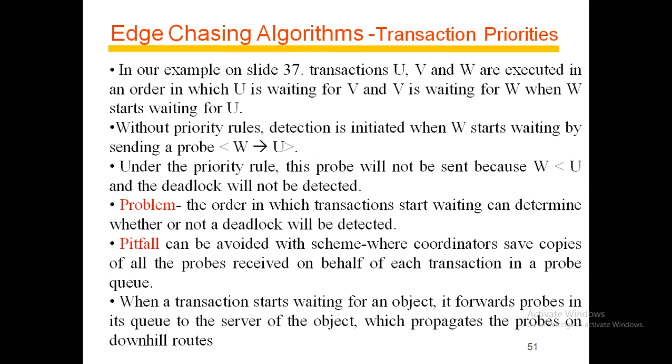In our example, in the figure, transactions U, V, and W are executed in the order in which U is waiting for V and V is waiting for W when V starts waiting for U. Without the priority rules, detection is initiated when W starts waiting by sending a probe W to U. Under priority rules, this probe will not be sent because W is less than U and deadlock will not be detected.